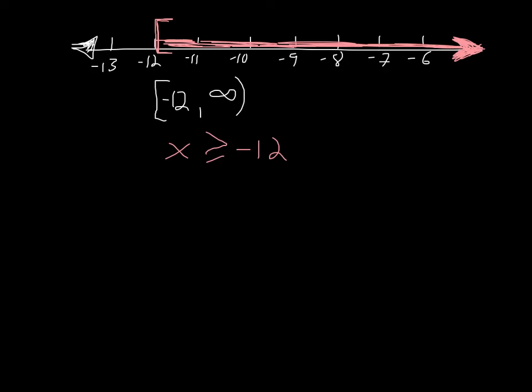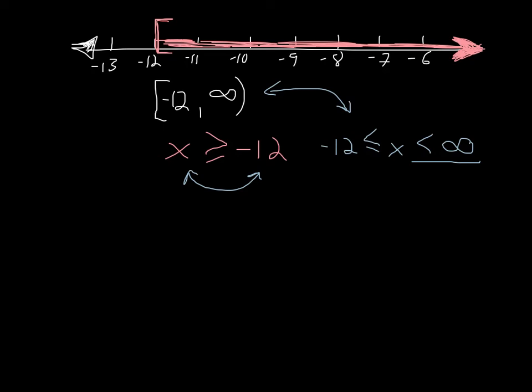To write that, we always do it with the smallest value first. So we would flip this around, including the sign, to say negative 12 is less than or equal to x is less than infinity. This part is implied. We don't have to say it. But sometimes, when you're going from one notation to another, it makes things easier or clearer.